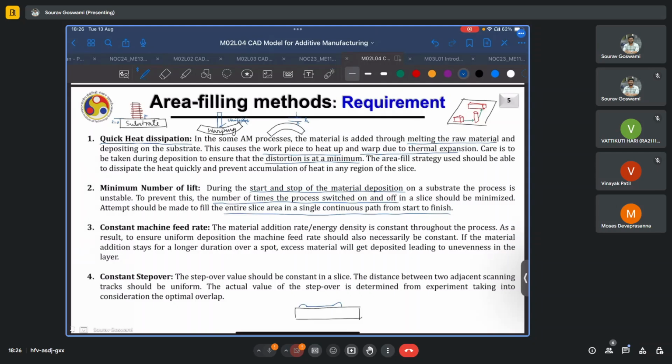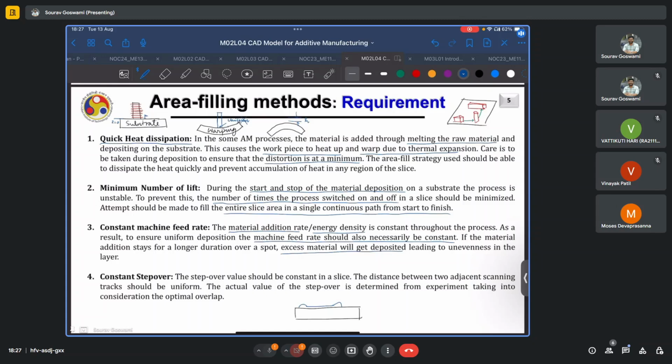Thus, your energy density or material addition rate are constant. To ensure uniform properties, isotropic properties, and uniform deposition, the machine feed rate should also necessarily be constant. And if the material addition stays for a longer duration over a spot, excess material will get deposited, leading to unevenness in the layer and anisotropy in the materials.